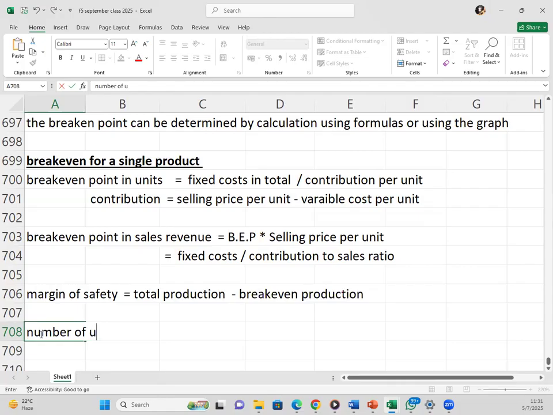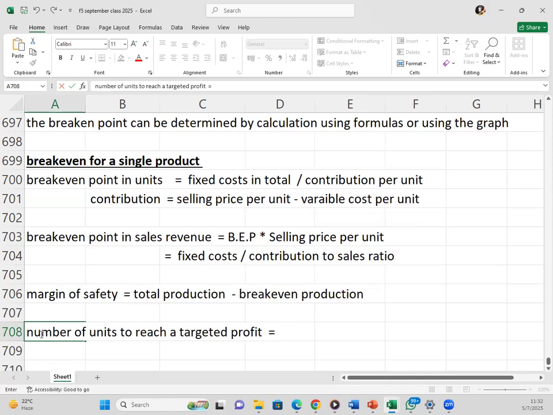Then lastly, the number of units to reach a targeted profit. We are targeting a certain profit. So we're saying, how many units should we sell so that we make a profit of maybe 12,000? That's what we're targeting.